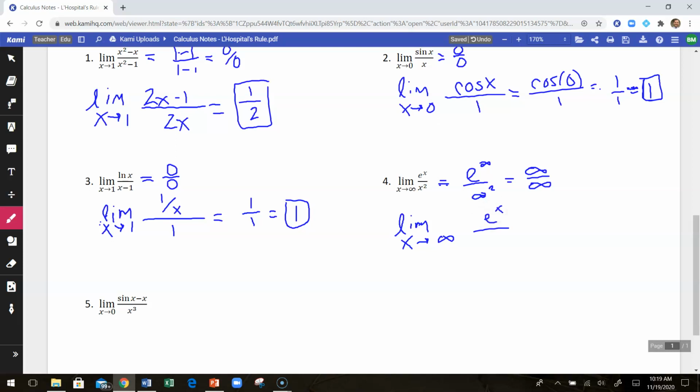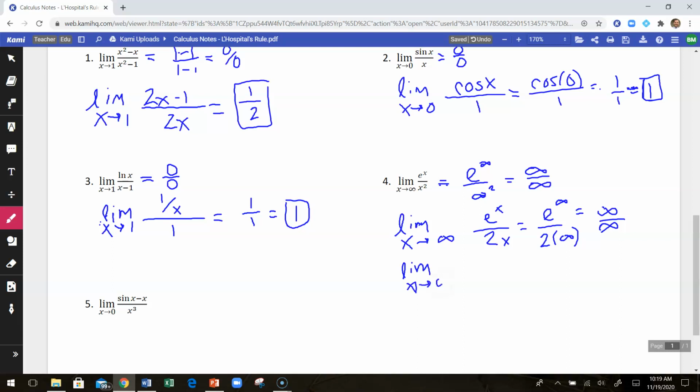That's still going to be e to the x on top, and the bottom is now 2x. If I plug in infinity, I get e to the infinity, which again is infinity, and on the bottom, I get 2 times infinity, which again is infinity. So I have the indeterminate form again, so I can do another application of L'Hopital's rule.